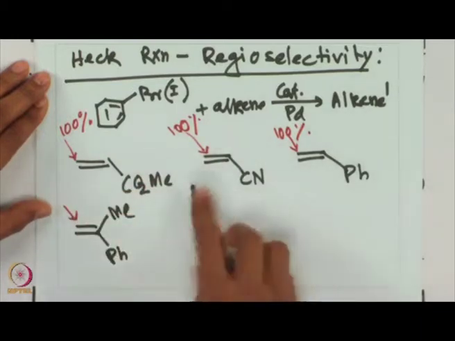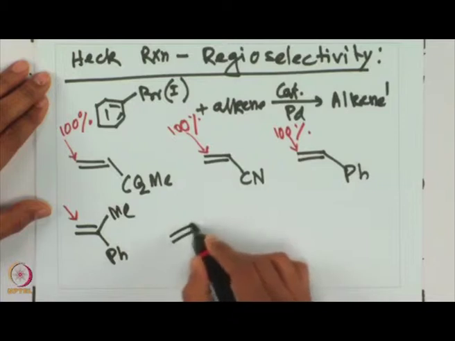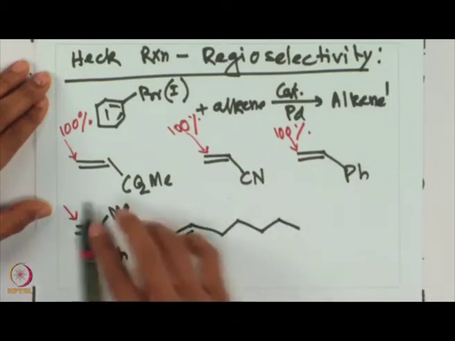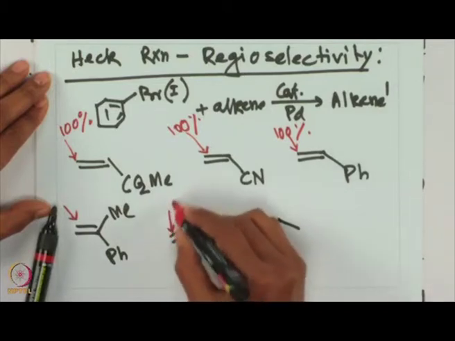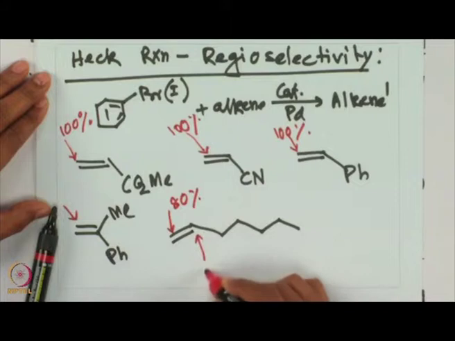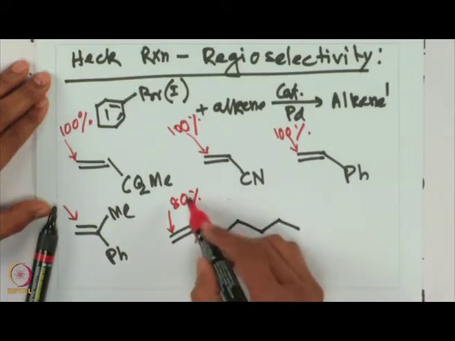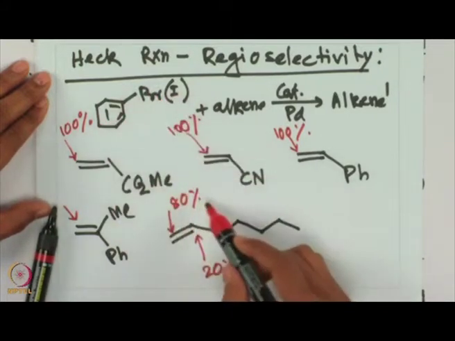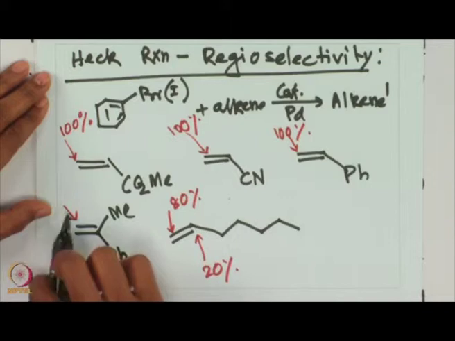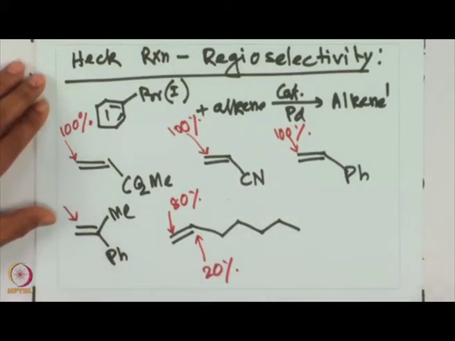If you take something like an aliphatic olefin, you now get a mixture of 80-20. For aryl bromide it is 80% over here and 20% over here. If it is aryl iodide we are using, that would be 90% and this side will be 10%. Now, that is very interesting, right.